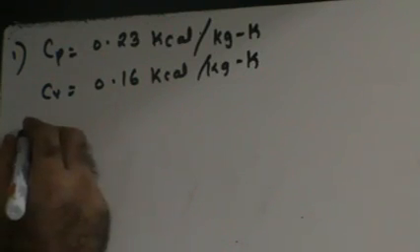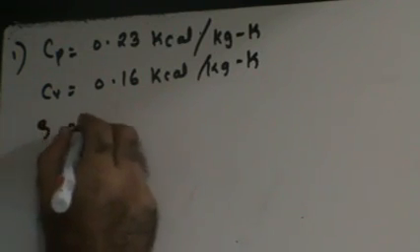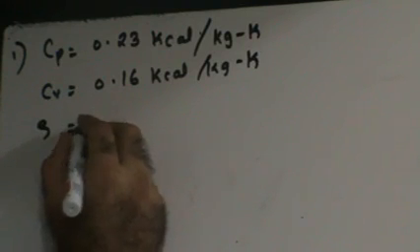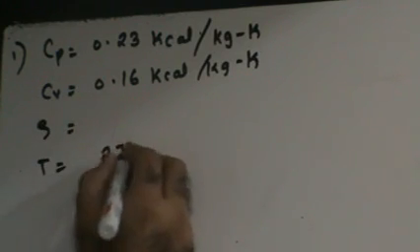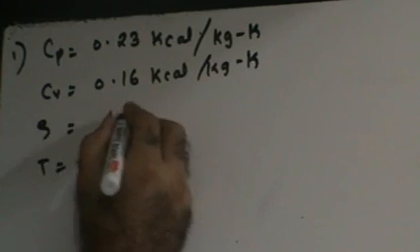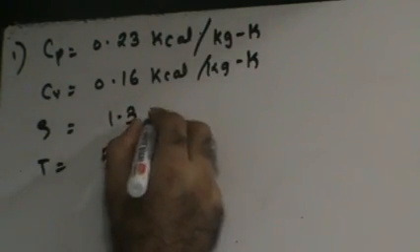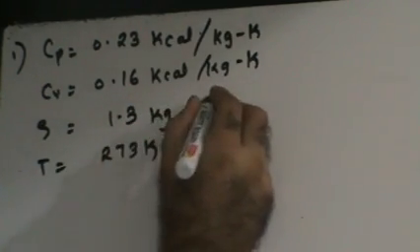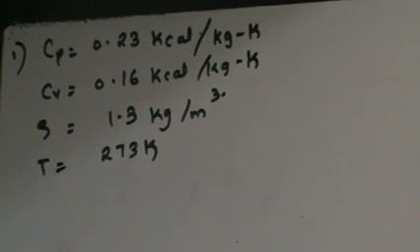The density of air at NTP is 1.3 kg per meter cube. Determine J.